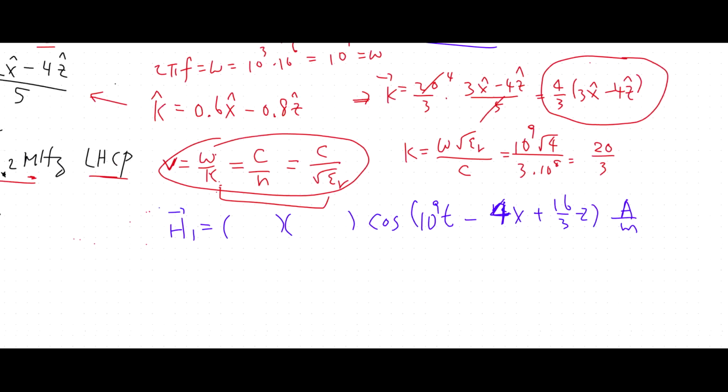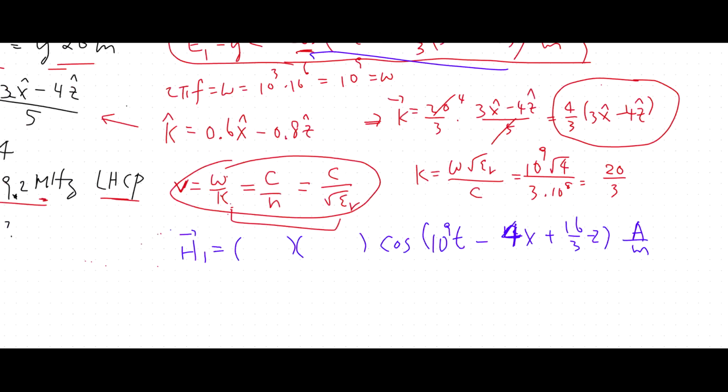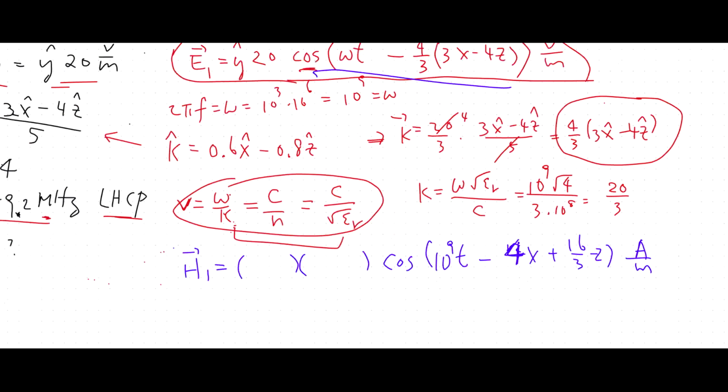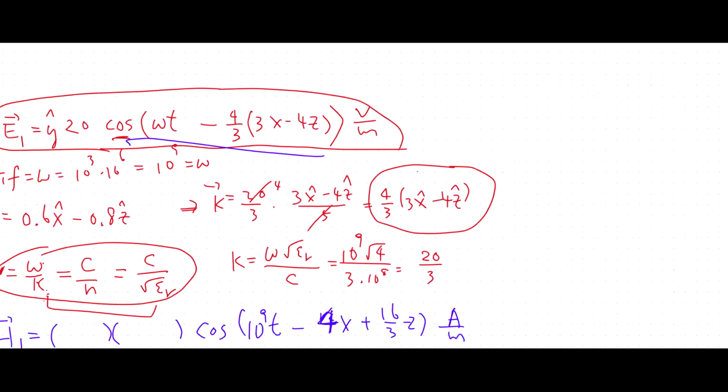Okay, so now how do I find the direction? Rule number 1 is this. Rule number 2 is E cross H is along k. So what is k? Let me look at this here. k is 3x hat minus 4z hat, the ratio. So I'm going to draw, let's say, x and z.